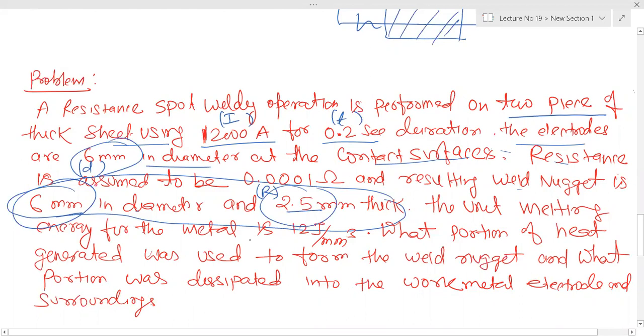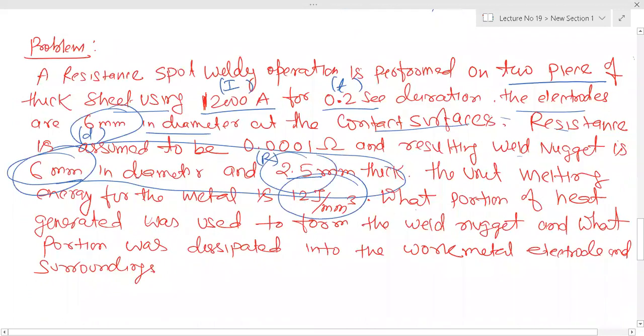The unit melting energy for the metal is given as 12 joule per millimeter cube. What portion of the heat generated was used to form the weld nugget and what portion was dissipated into the work metal, electrode and surrounding?